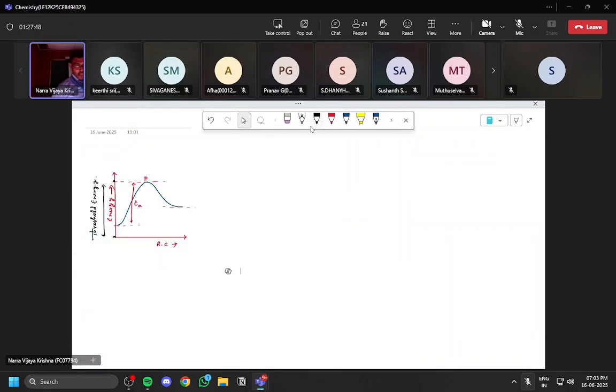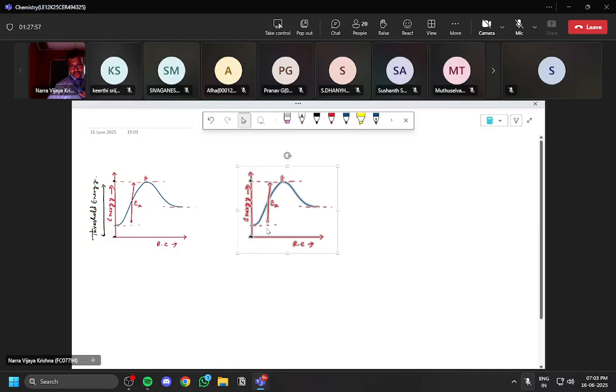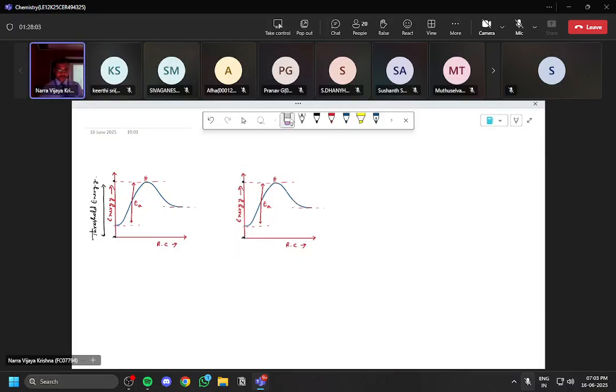For example, I'm taking the same reaction. I have taken this. This is the activated complex. If I add a catalyst, this is the energy parameter.